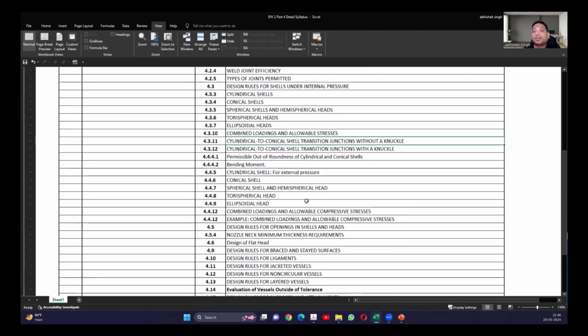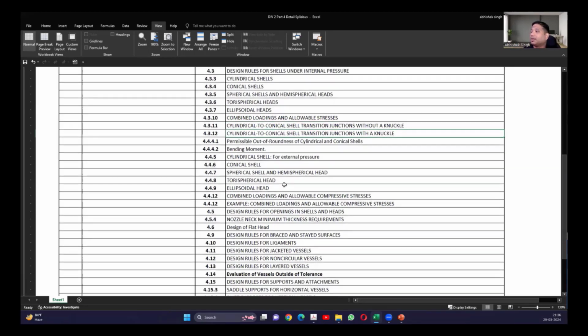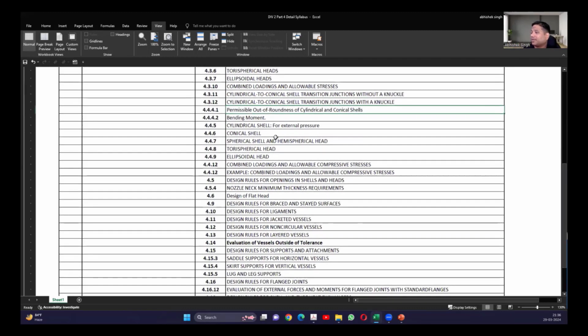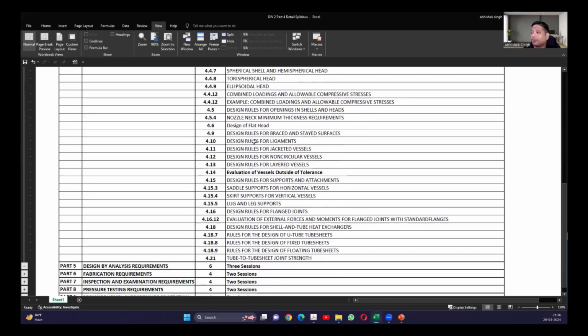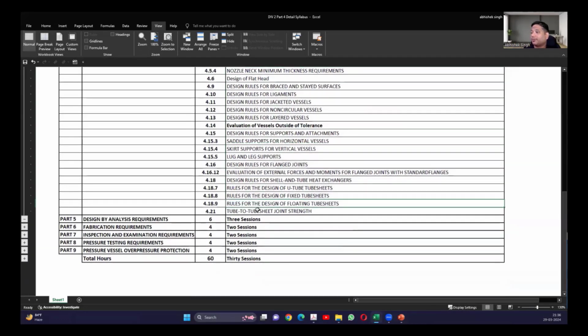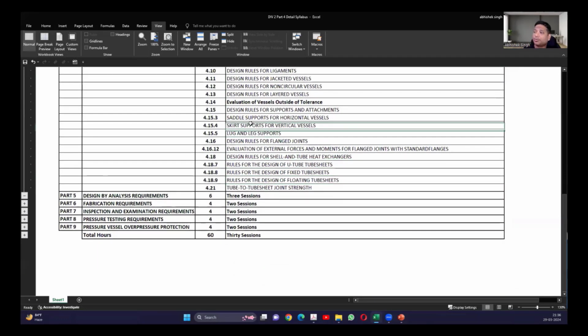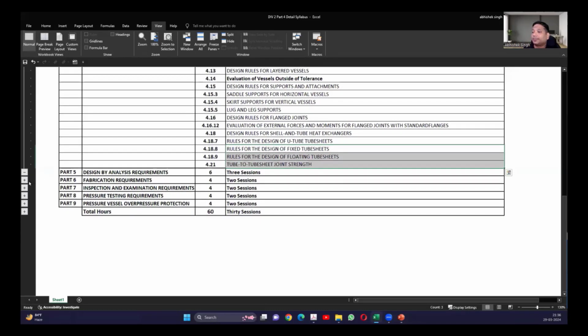Those are the additional calculations which Division 2 has. You can calculate the local stresses. Very interesting. Permissible out of roundness, everything. You can see all the clauses, we have tried to cover them. Whatever is relevant for you as a designer, we have covered. Lug support, skirt support, and evaluation of vessel outside the tolerance are also covered. So all the details are there.